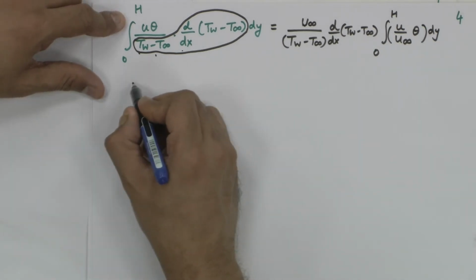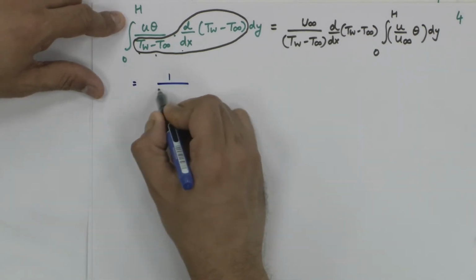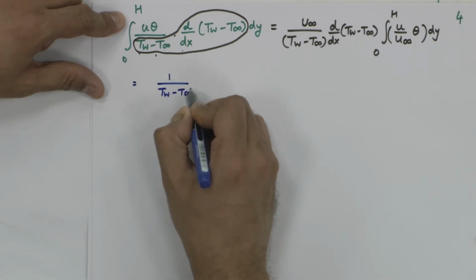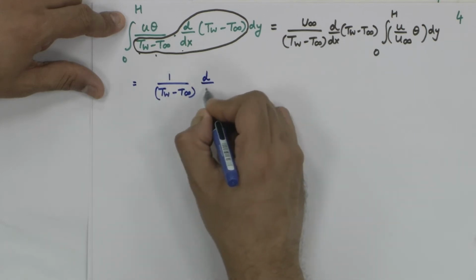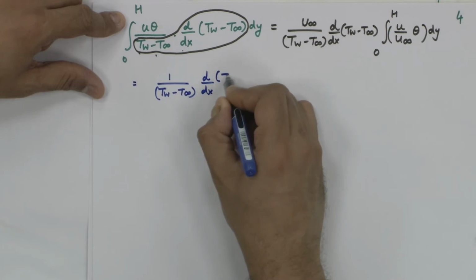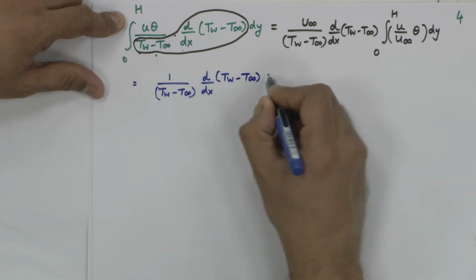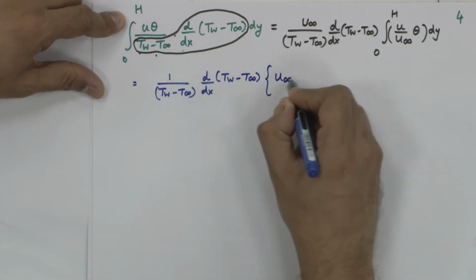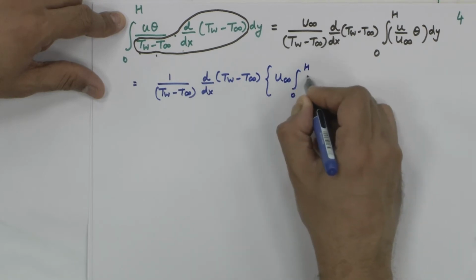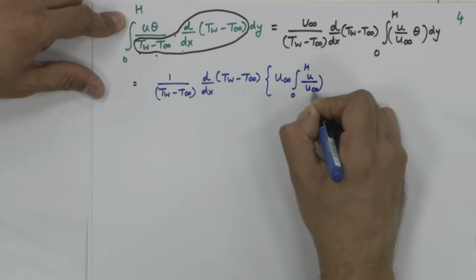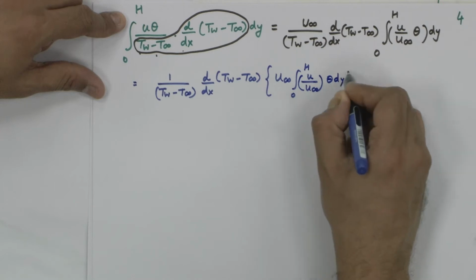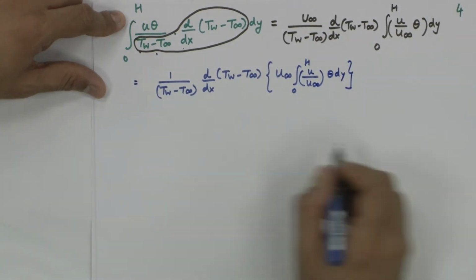This can be rewritten as 1 by t wall minus t infinity d by dx of t wall minus t infinity within brackets, u infinity integral 0 to h of u by u infinity theta dy, bracket complete.